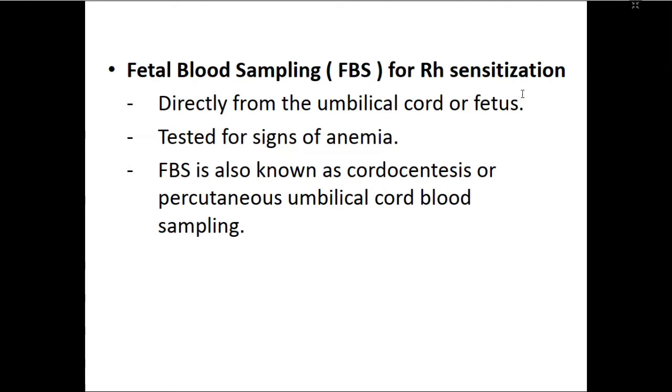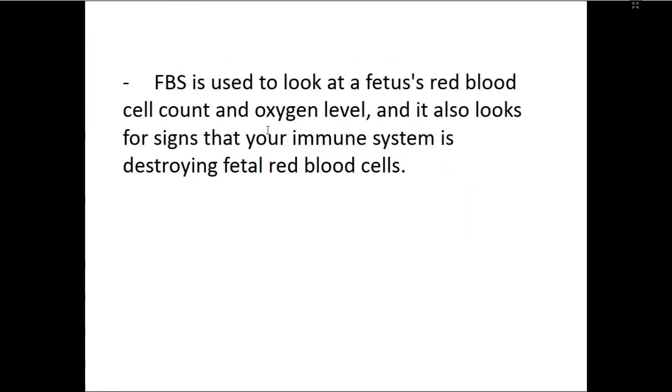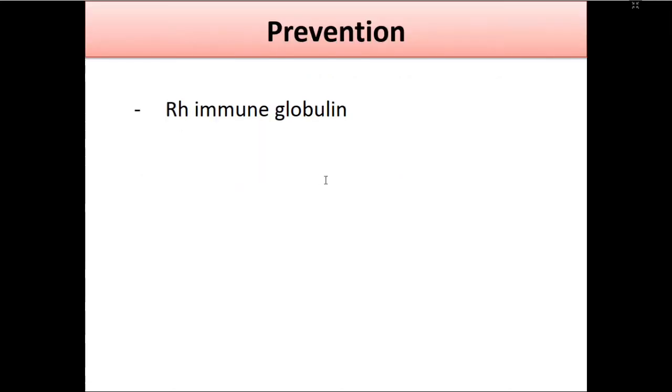Means it is directly reacted to the RH antibodies, and if it occurs, this can be an important diagnostic tool for the detection of HDN. FBS is used to look at fetus red blood cell count and oxygen level, and it also looks for signs that your immune system is destroying fetal red blood cells. This is the FBS.